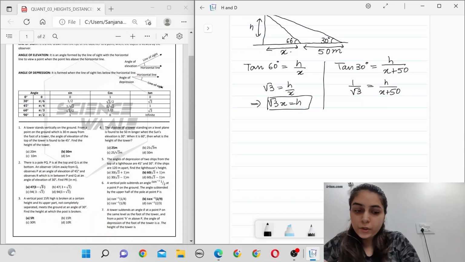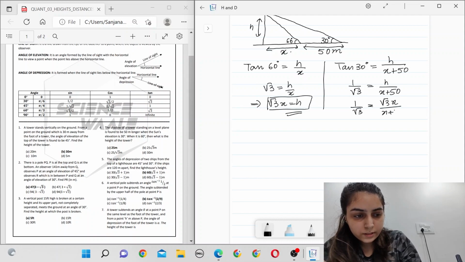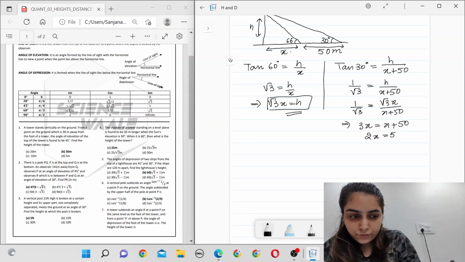We know h is equal to root 3x, we just proved it here. So 1 by root 3 is equal to root 3x by x plus 50. So that implies 3x is equal to x plus 50, 2x is equal to 50, and x will be 25.